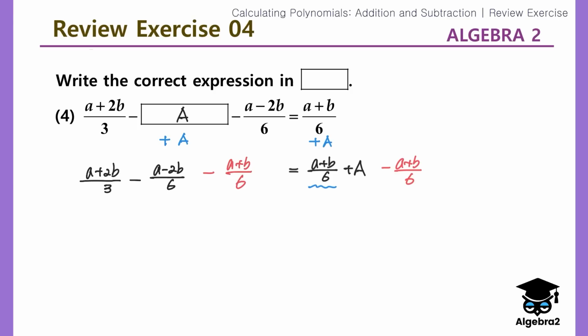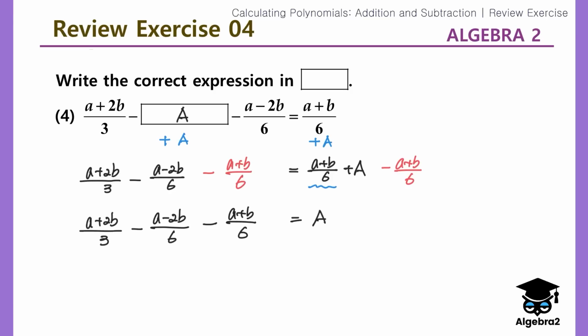So we have (a + 2b)/3 minus (a - 2b)/6 minus (a + b)/6 is equal to a, right? Because this expression minus the same expression, that's 0, right? So let's simplify the expressions on the left.